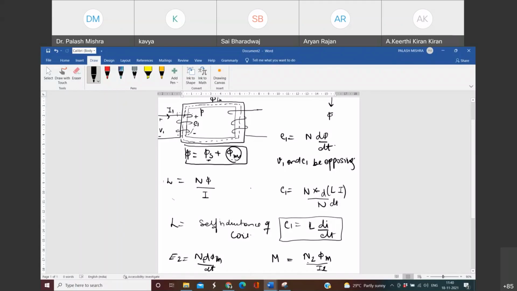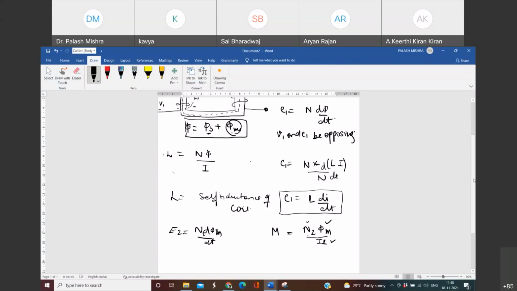Is it clear? This does not depend on the current flowing in the secondary coil; it depends on the flux and the current present in the first coil. N2 phi m is the mutual flux linkage, and I1 is the current flowing in the primary coil. That is why this is known as the mutual inductance.